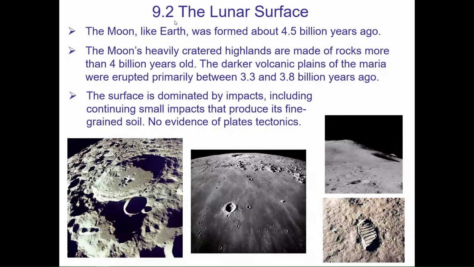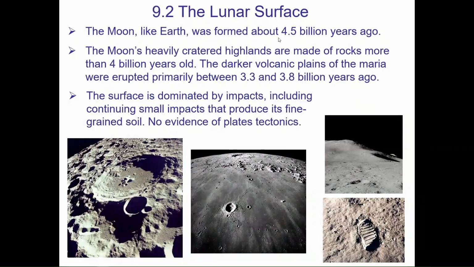Now let's take a close look at the lunar surface. Because the Apollo missions brought back lunar samples, we can do radioactive dating to get information on how old those lunar rocks are.